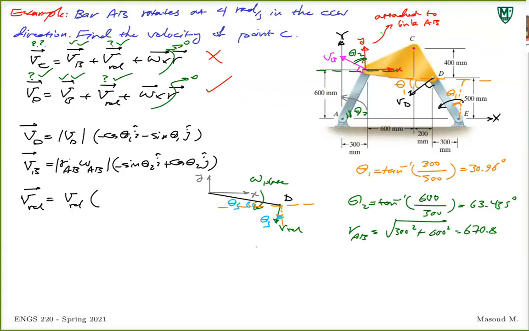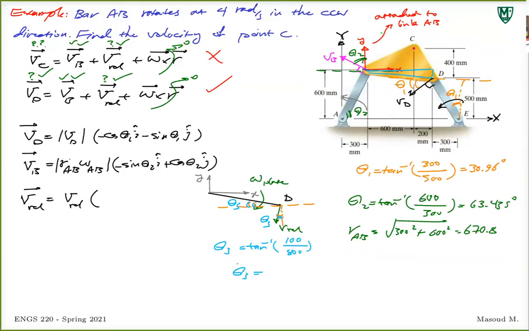And theta 3 would be what? Tan inverse. Looking at the geometry there, we have this, this, and this. So it becomes tan inverse of 600 minus 500, that length is 100, divided by whatever this length is, which is 600 plus 200, 800.